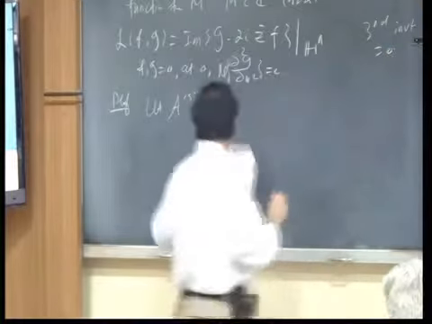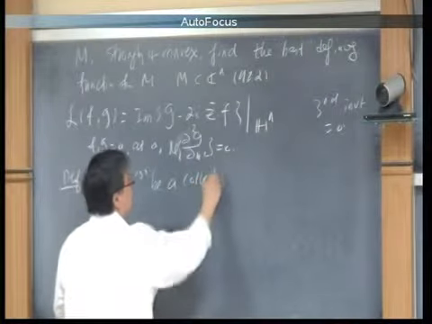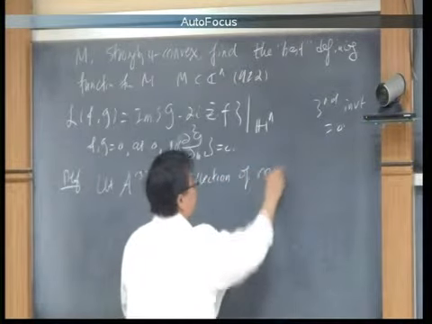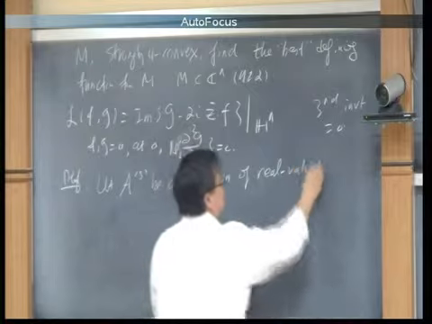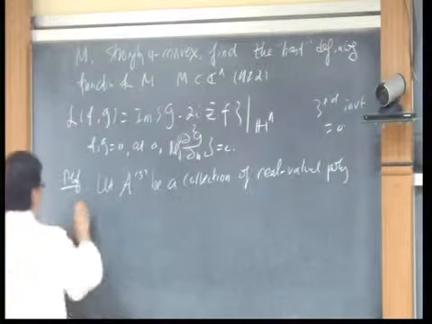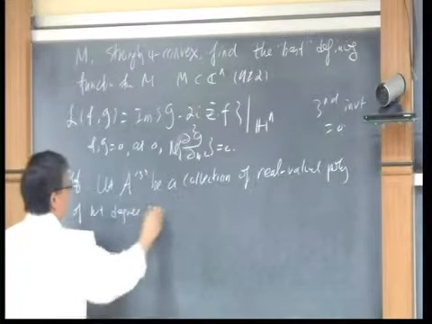We start with: let AS be a collection of real-valued polynomials of weighted degree S, with S equal to 4 at least.